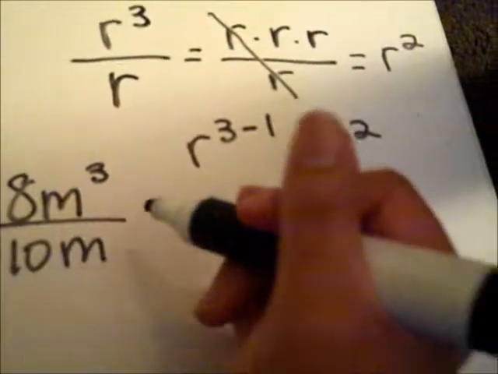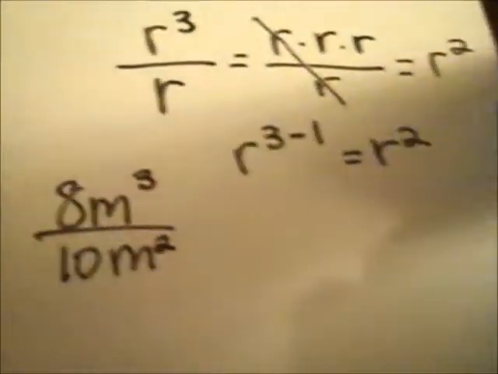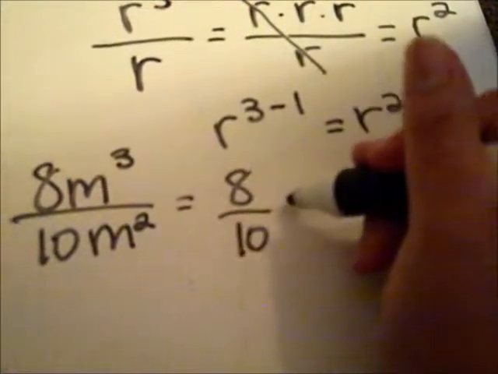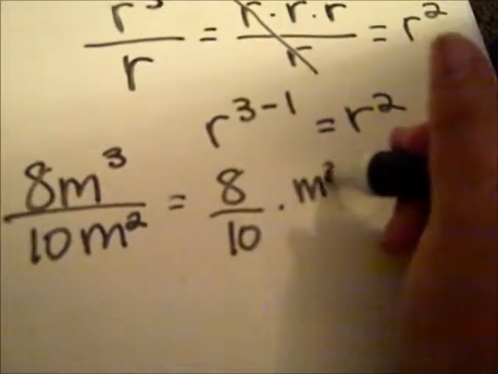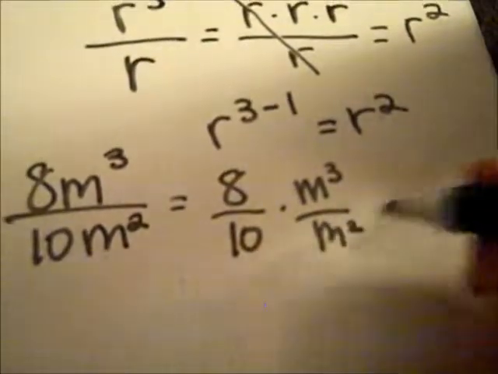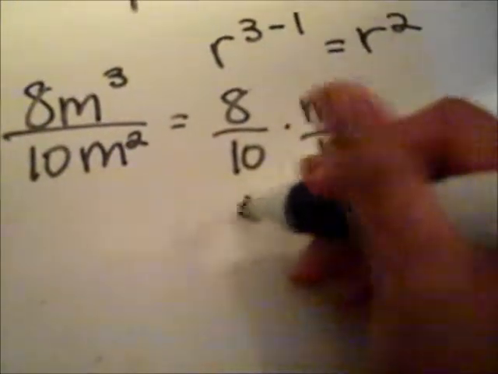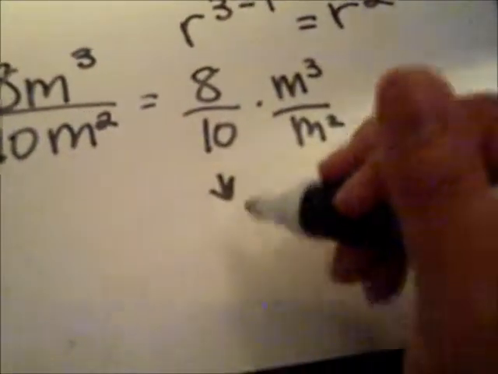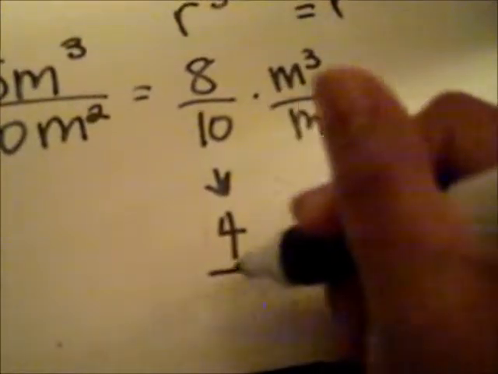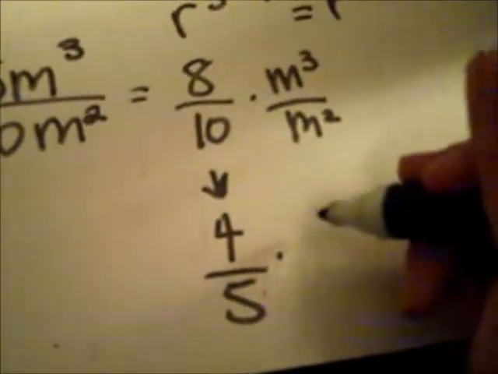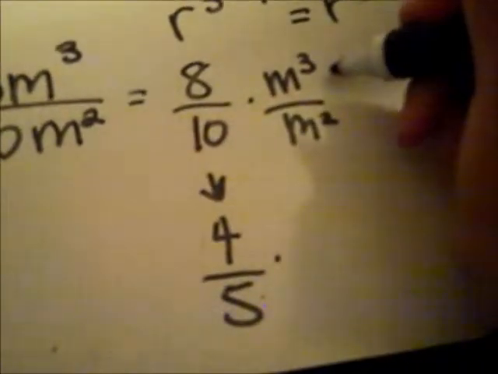8m to the 3rd over 10m squared. This is going to equal 8 over 10 times m to the 3rd over m squared. Okay, let's simplify these now. So 8 over 10, if we divide by 2 on the top and on the bottom, is 4 over 5. 8 divided by 2 is 4, 10 divided by 2 is 5.